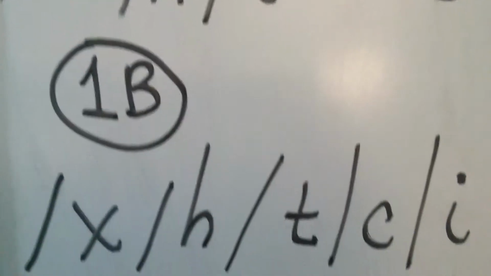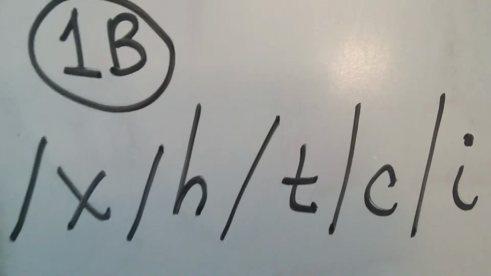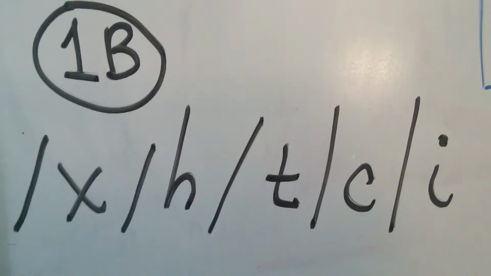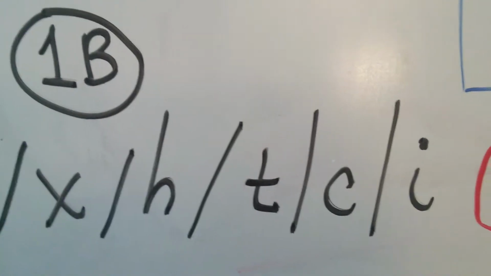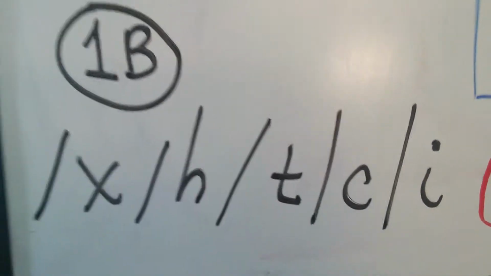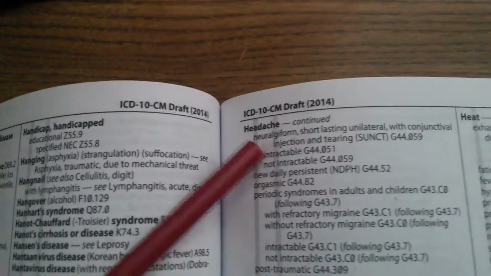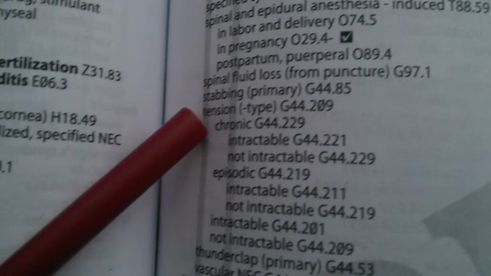Now, let's go to the third path, which we call 1B. We're going to go to the index, then headache, then tension type, then chronic, and then intractable, and see if we can find that. You go to headache, then you go down to this column, and then to the next column. Then you go way down to find a T, tension type, right?